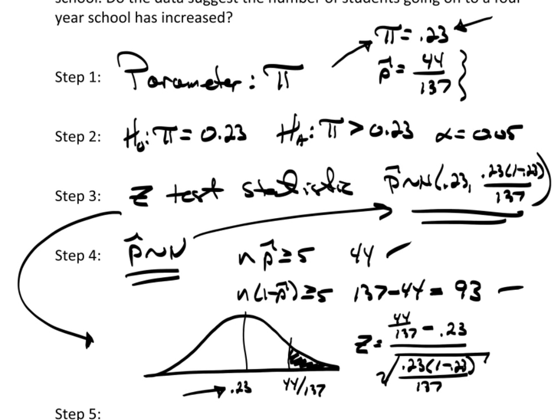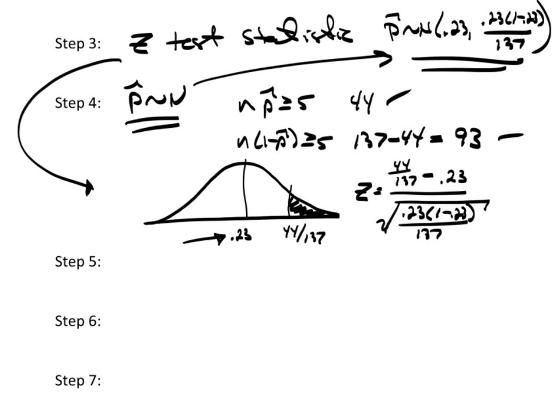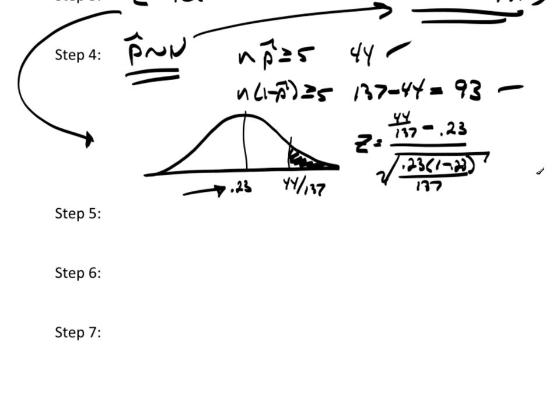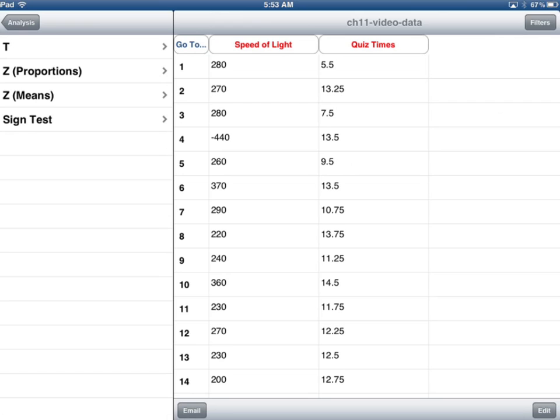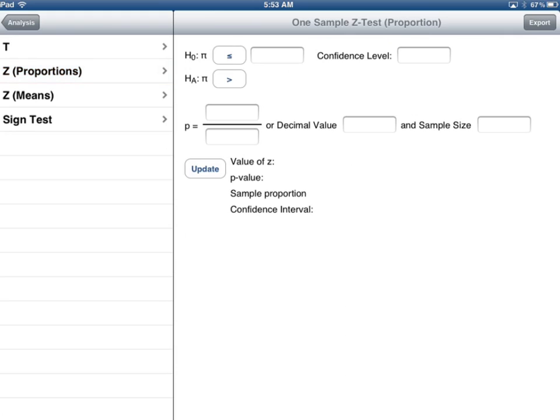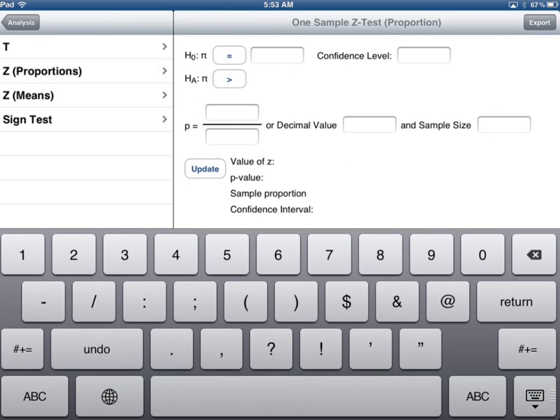Now, fortunately, we don't actually have to do all of this by hand. TC Stats will handle it for us. If I jump to TC Stats, under one sample, you'll see Z for proportions. So select it. Then the null hypothesis is going to be equal to 0.23. And the confidence level, I'm not doing a confidence interval, so I'm not going to bother with it.